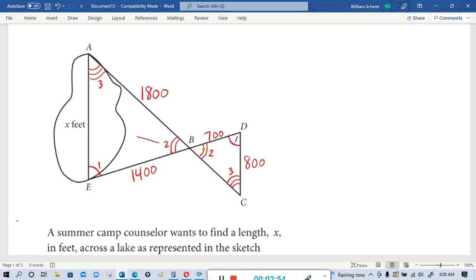Across from angle 2, that's going to be X. And across from angle 2 on the other triangle is going to be 800.